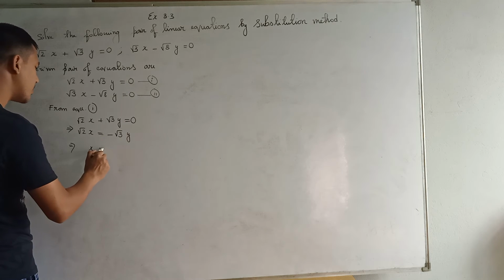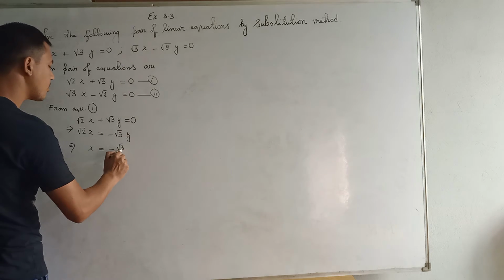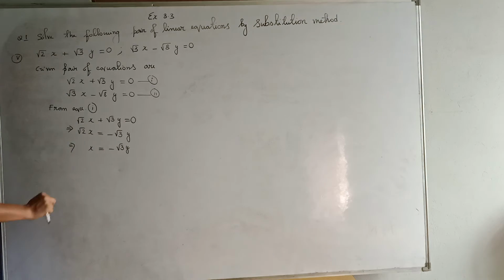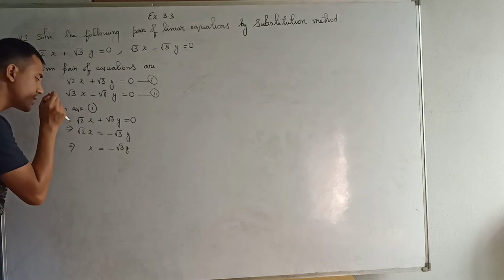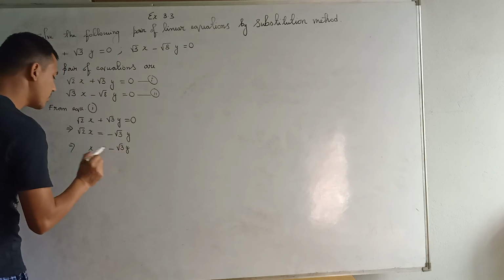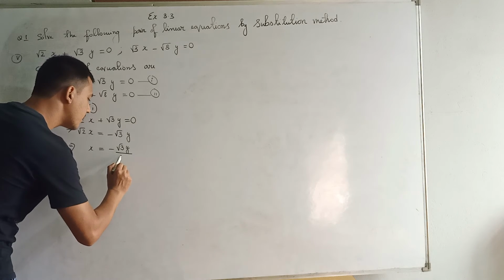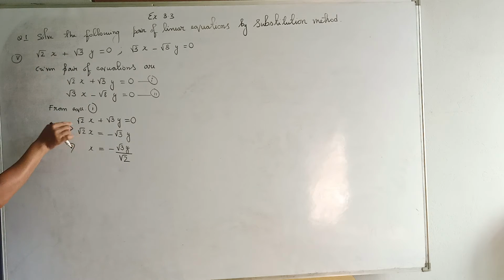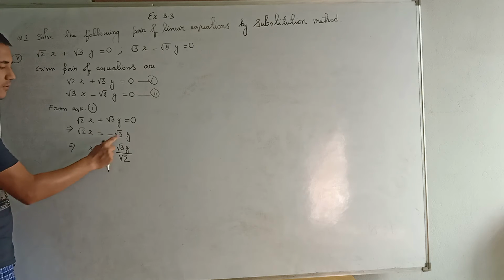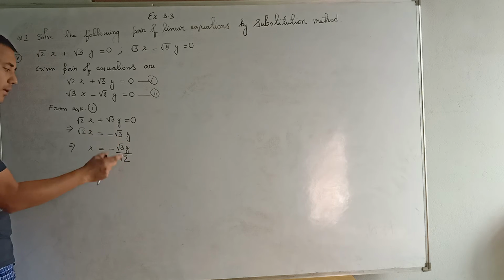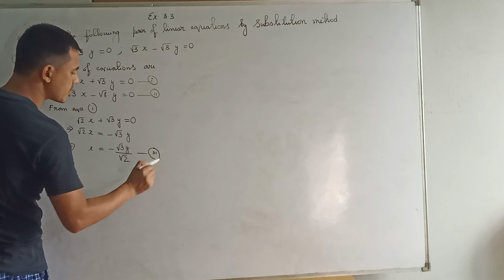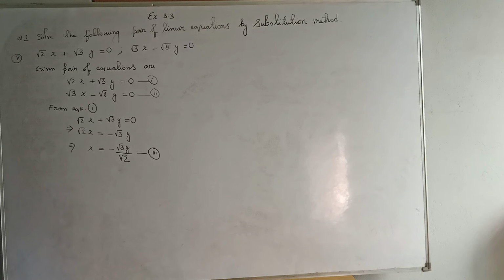That means x would be equal to minus square root of 3 times y upon square root of 2. If you transpose this square root to the other side, then it goes as division. So we have obtained x from equation 1.